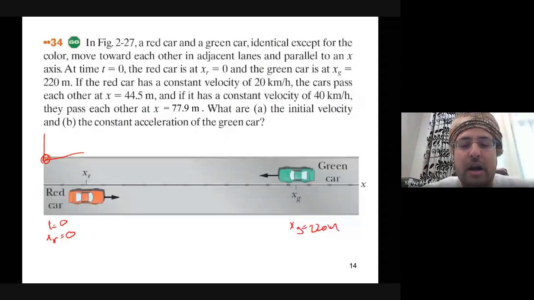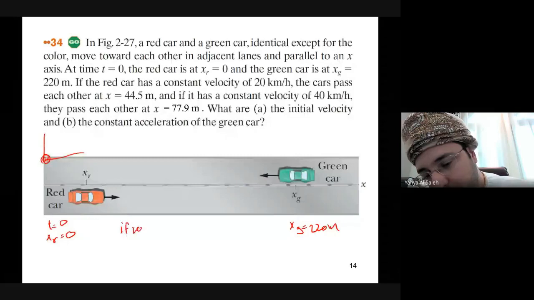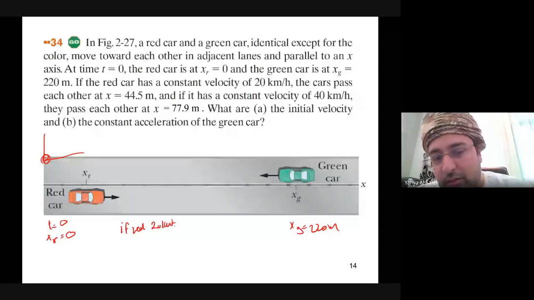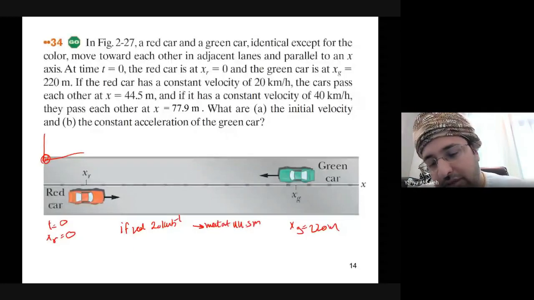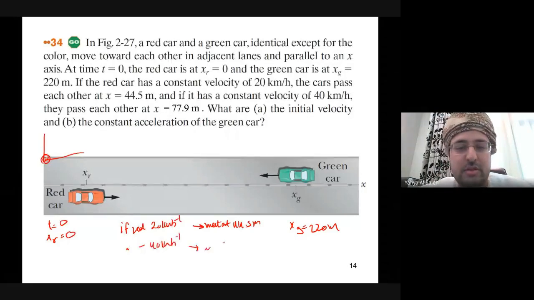If the red car has a constant velocity of 20 kilometers per hour, they meet at 44.5 meters. If the red car goes 40 kilometers per hour, they meet at 77.9 meters.